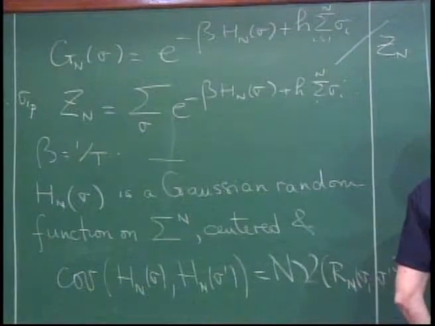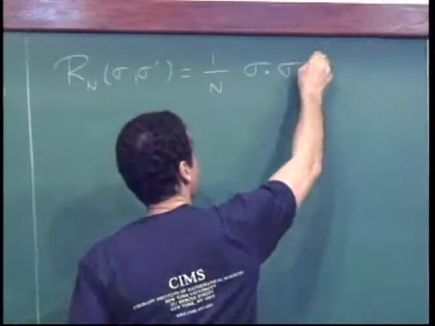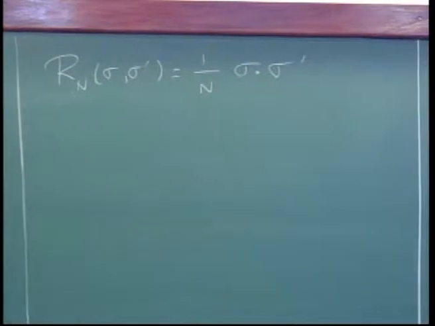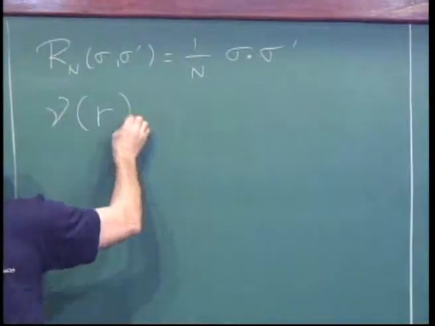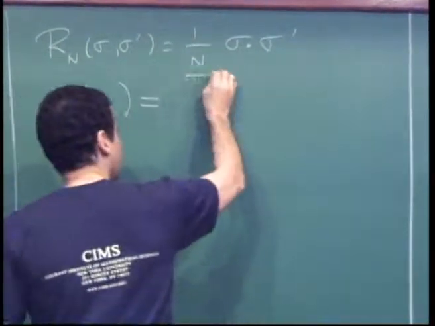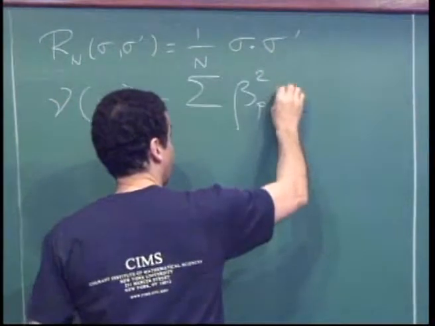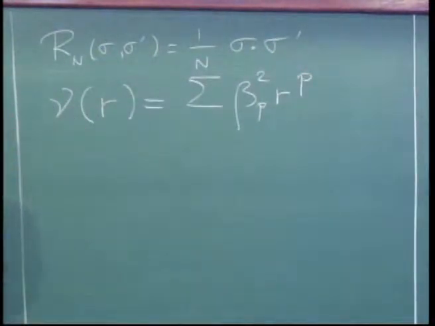So it sits between -1 and 1. And the function nu, which is the true parameter of the model, is simply the sum of beta_p squared r to the p. This function nu of r is the crucial parameter. It's equivalent to the data of the beta_p's and gives you the mixture.